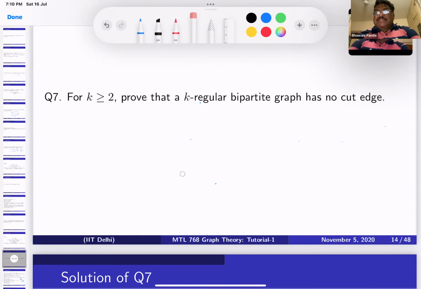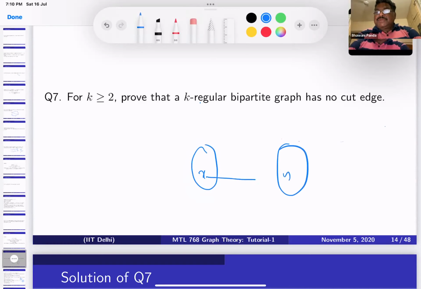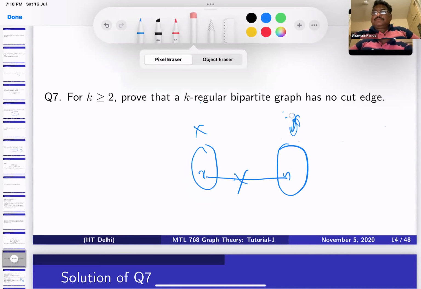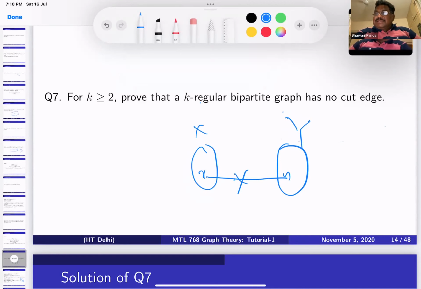So this graph was like this, right? And XY is an edge. After deleting it, the graph becomes disconnected. So this is my X, this is Y. After that disconnection, what will happen? We get two components.